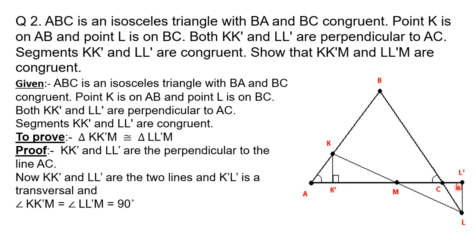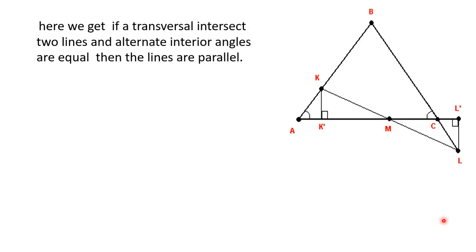Now we know that if two lines are there and a transversal intersects them and alternate interior angles so formed are equal, then the lines are parallel. So here we are getting these two angles equal, 90 degrees. That means if KK' and LL' are the two lines and K'L' is the transversal, we are getting alternate interior angles equal. That means KK' and LL' are parallel lines.